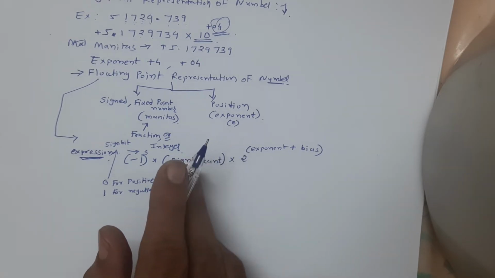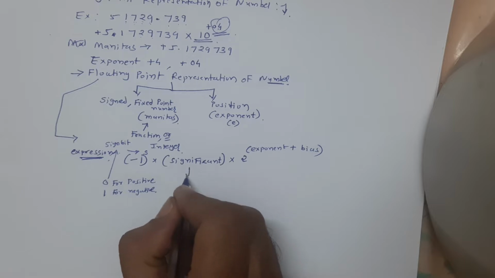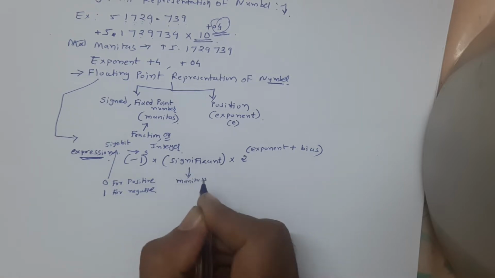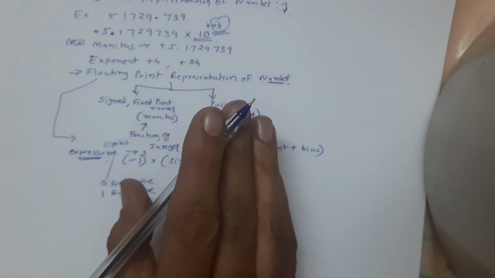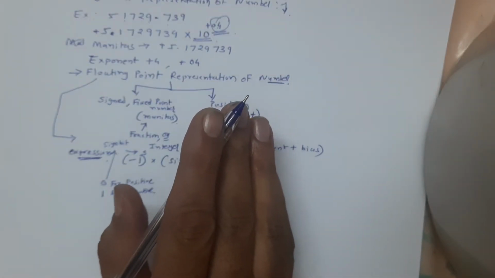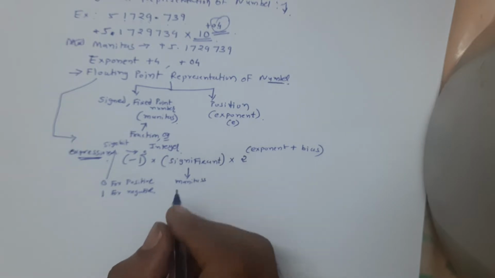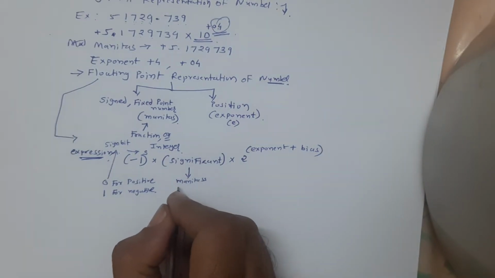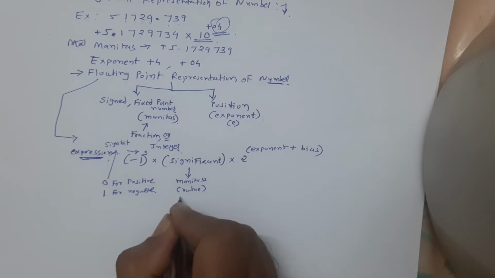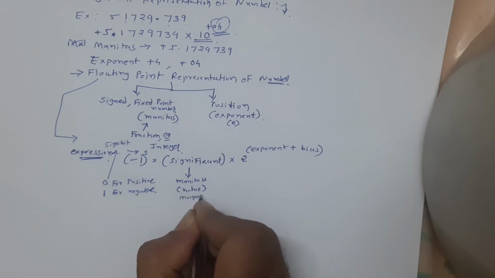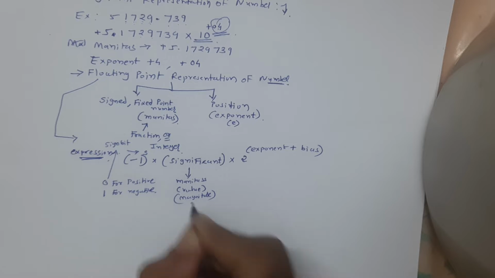Significand defines the magnitude of the mantissa. Magnitude means value, so the magnitude of the mantissa.